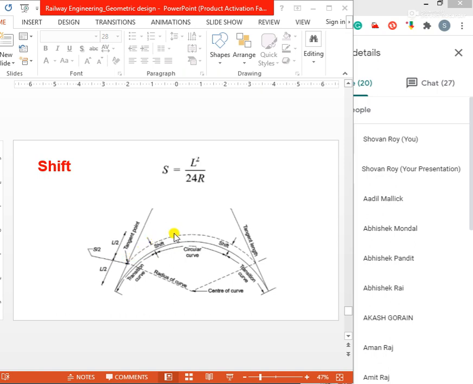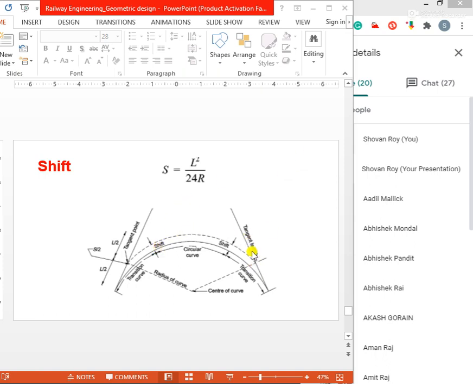Shift is the measure by which the main circular curve, to fit in the transition curve which is laid in the shape of a cubic parabola, is required to be moved inward.